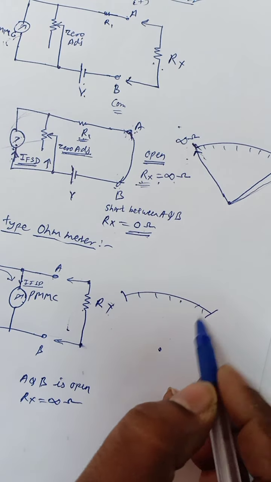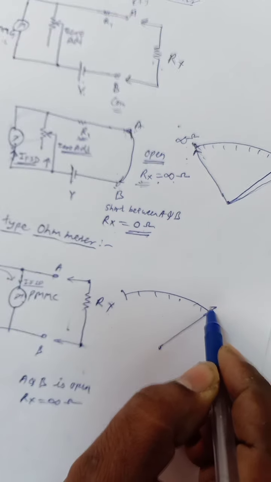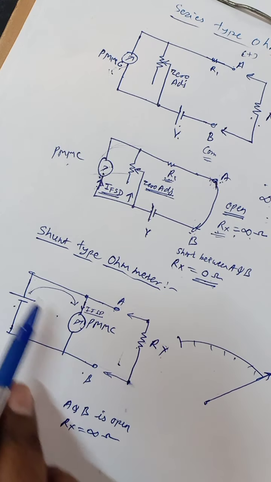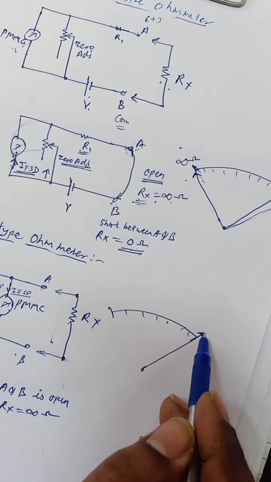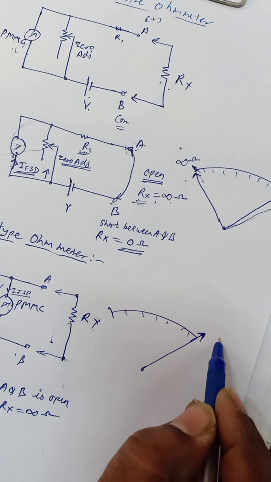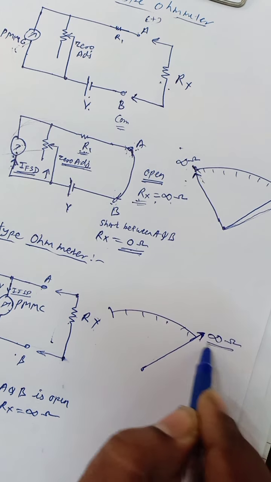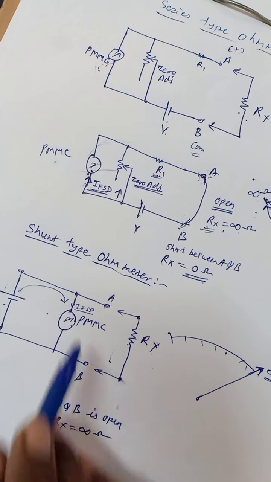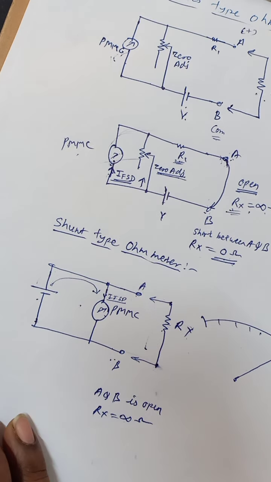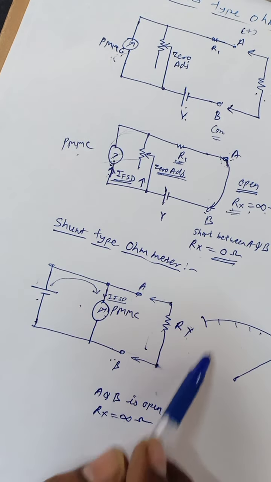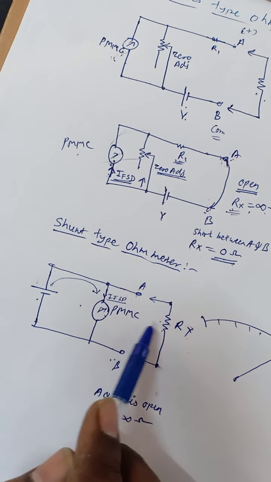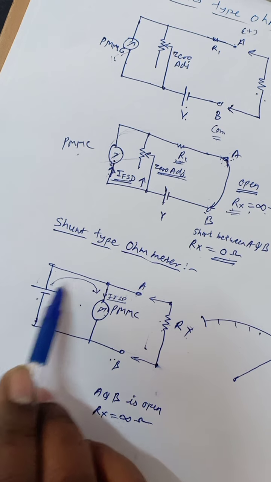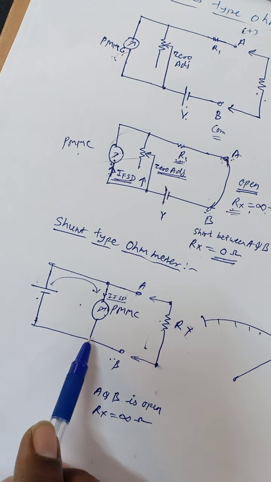So the needle deflects on the right hand side. At this position, when the A and B terminals are open, the current flows through the PMMC and the needle deflects. That means this position indicates that infinite ohm resistance is connected between terminals A and B. At this condition, as the A and B terminals are open, all the current from the voltage source flows through this meter.